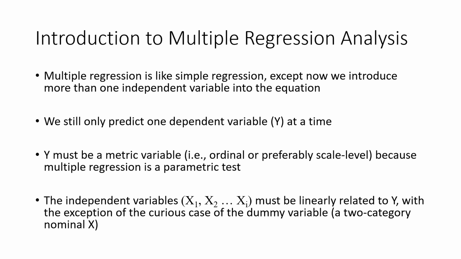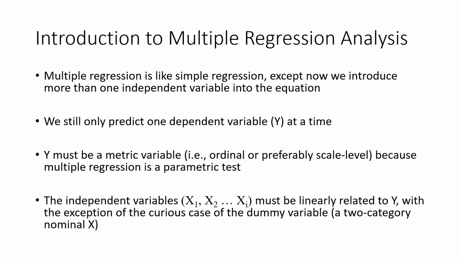And the key difference is that simple regression is a bivariate test with only one predictor, with only one independent variable, and we call that X. In the context of multiple regression, we can have multiple independent variables, multiple predictors simultaneously estimated within the equation.